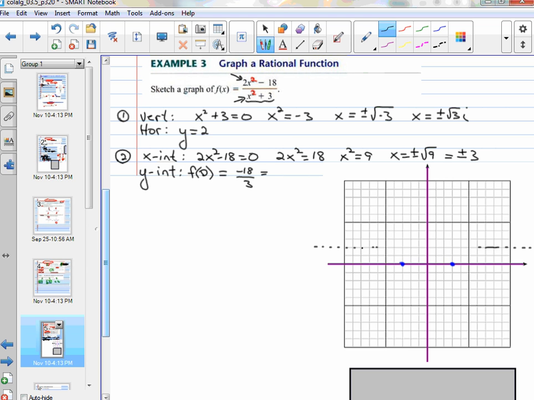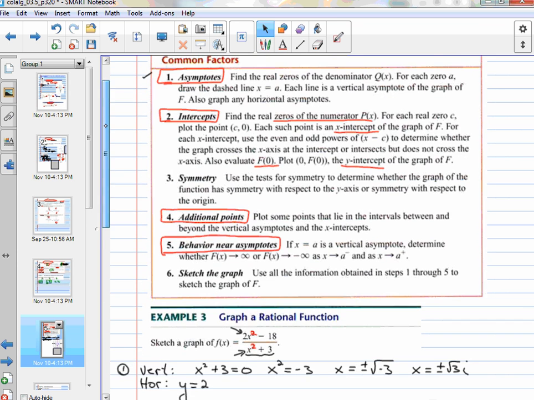What's negative 18 divided by 3? Negative 6. You're going to have to gently wake up your neighbor. Y-intercept is negative 6. So on my y-axis, I'm going to go to negative 6. Now that's another point on my graph. So we have accomplished 2.